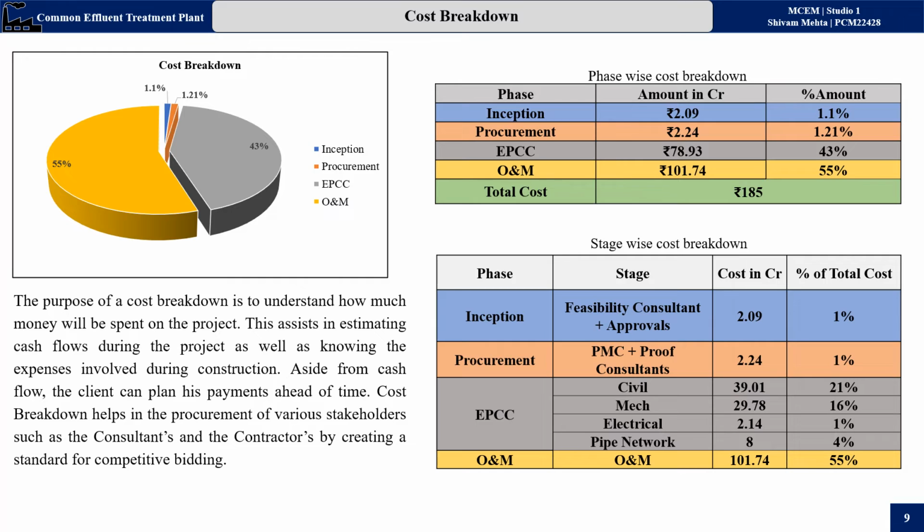Further breakdown of the cost stage-wise: in inception, the feasibility consultant plus approvals; in procurement, PMC plus proof consultant; in EPC, civil works will require 39.01 crores, mechanical will be 29.78 crores, electrical works will be 2.14, and the pipeline network will be 8 crores, which is from CETP to the outlet point.